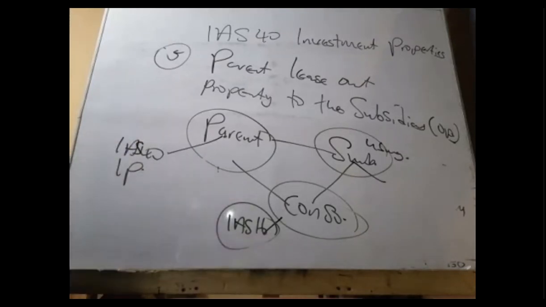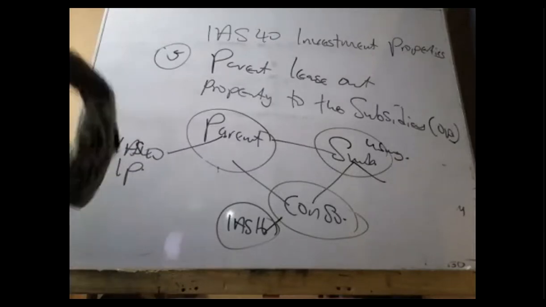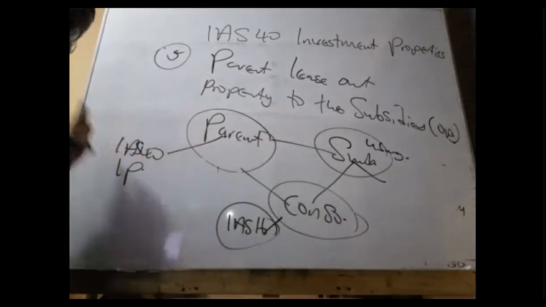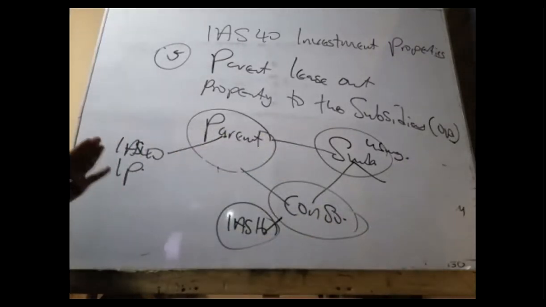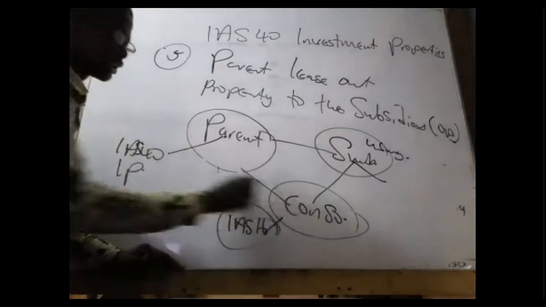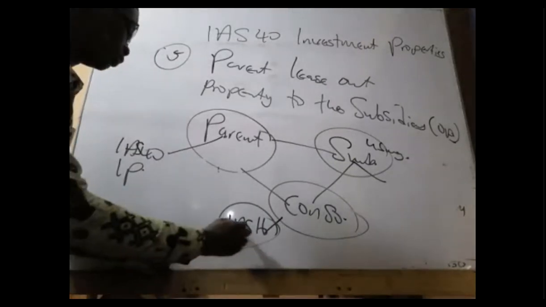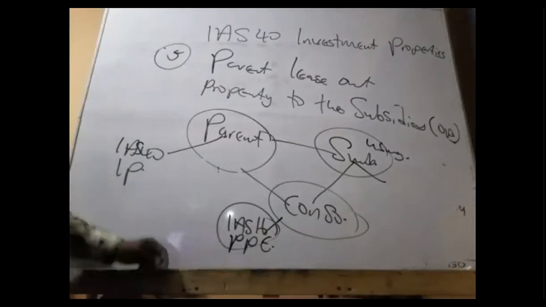When a parent company leases out a building to a subsidiary company, in the parent's book it is IAS 40 investment property, fine, we agree. But in consolidation, it's not an investment property, it's PPE, owner occupied. So take note, it's very crucial.